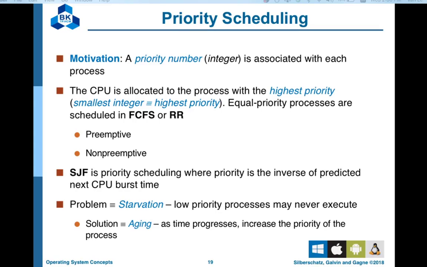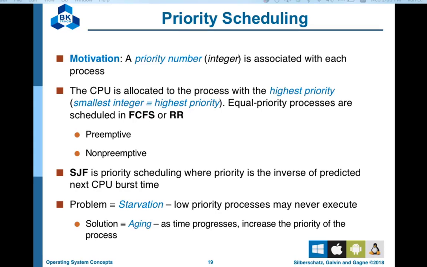When we use priority scheduling, the low priority processes may never execute. They must wait for the highest priority processes to finish first. For priority scheduling, we have a solution called aging.